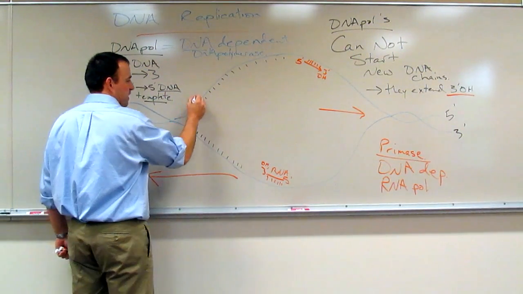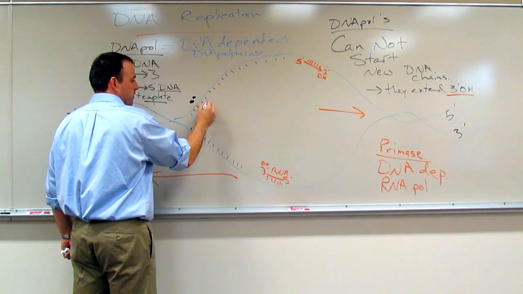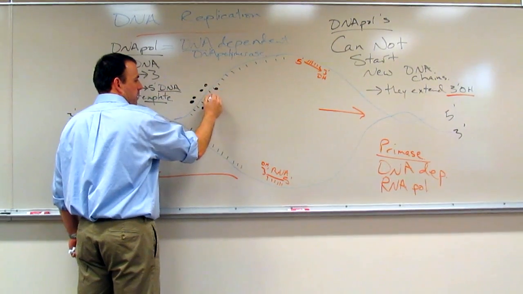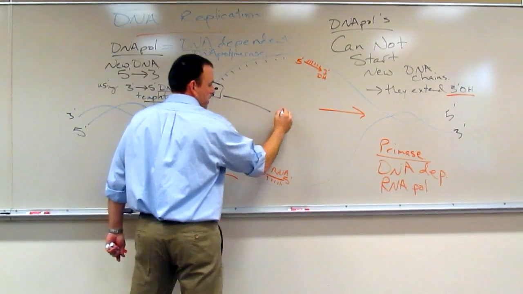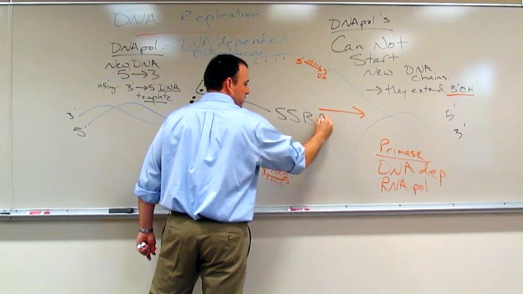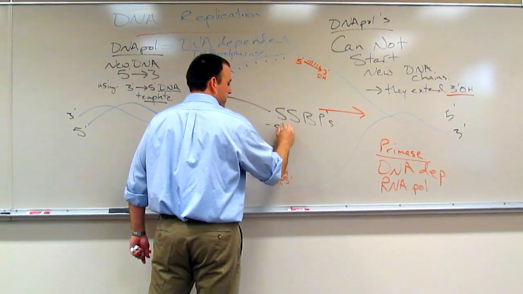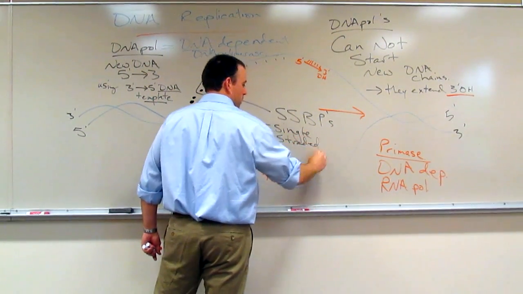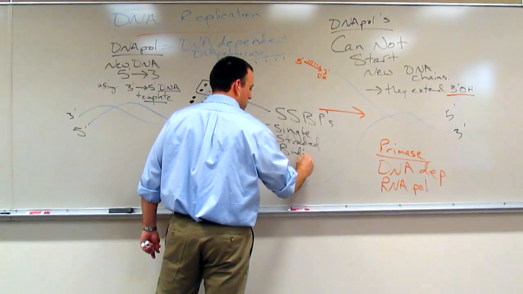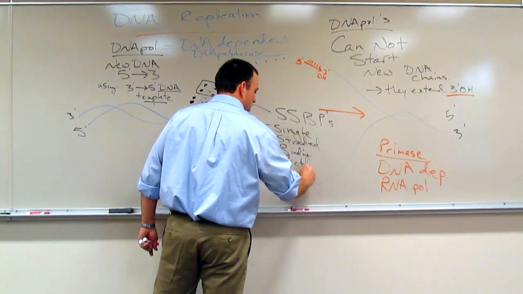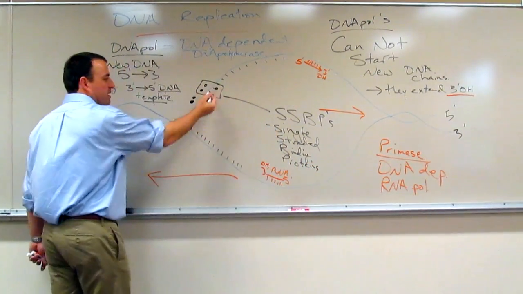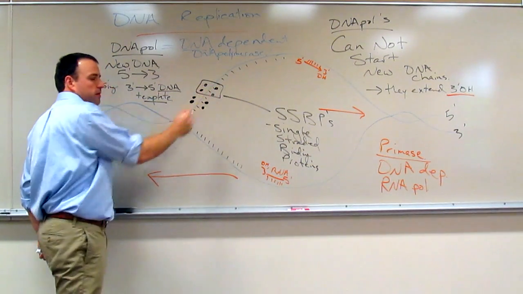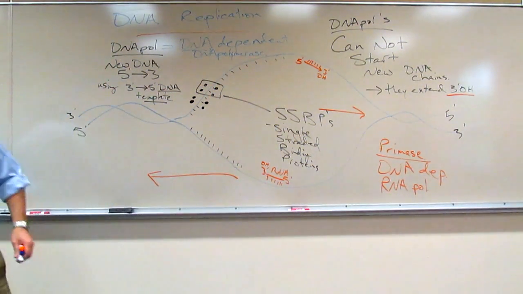So a special set of proteins, which I always draw as 4 dots, called SSBPs, single-stranded binding proteins, bind to single-stranded DNA, and because a protein is wrapping the DNA molecule, it's protected from being degraded.